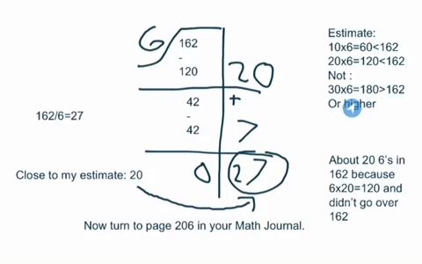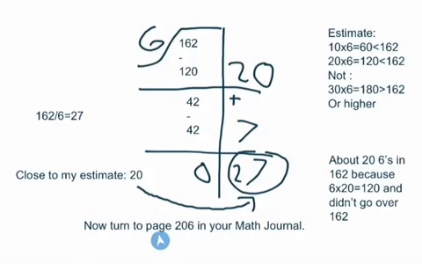So that won't work. So we can't do 30 times 6 or go higher for our estimate. So there's about 20 sixes in 162 because 6 times 20 equals 120 and didn't go over 162. The real answer, 27, is close to my estimate, 20.